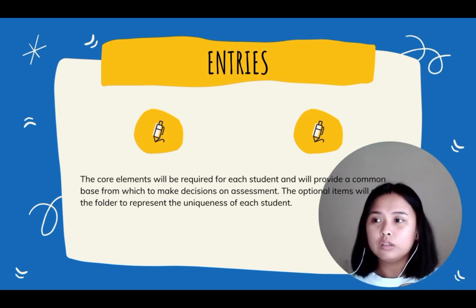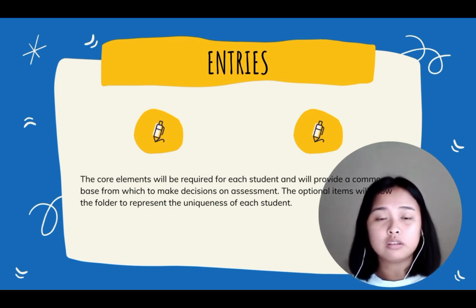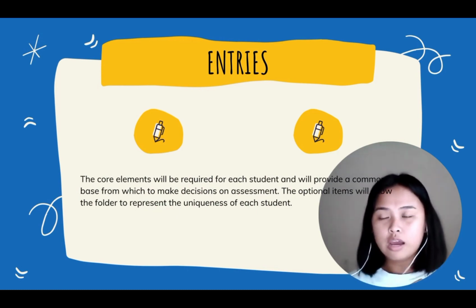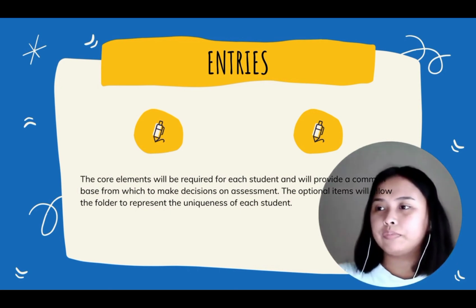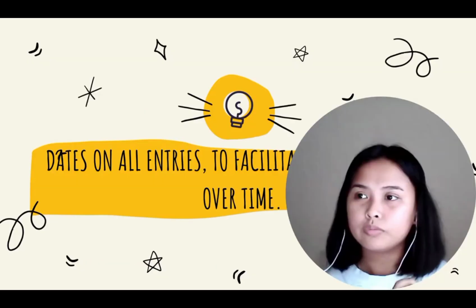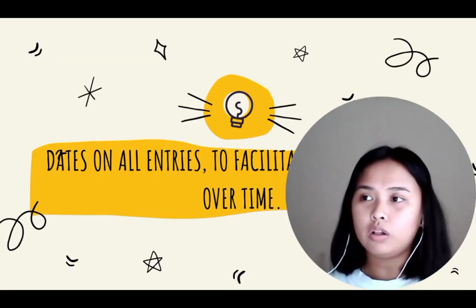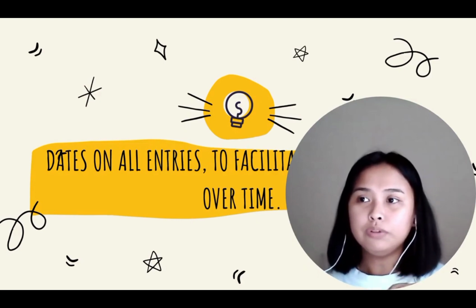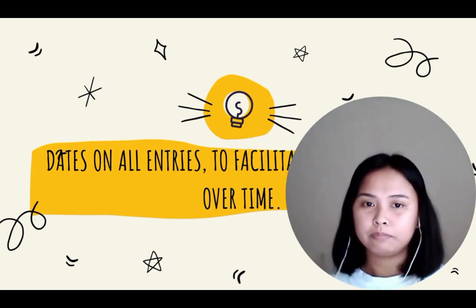Students can choose to include the best pieces of work, but also a piece of work which gave them trouble or one that was less successful and give reasons why. You can identify it. The fourth one is the dates of all entries to facilitate proof of growth over time.